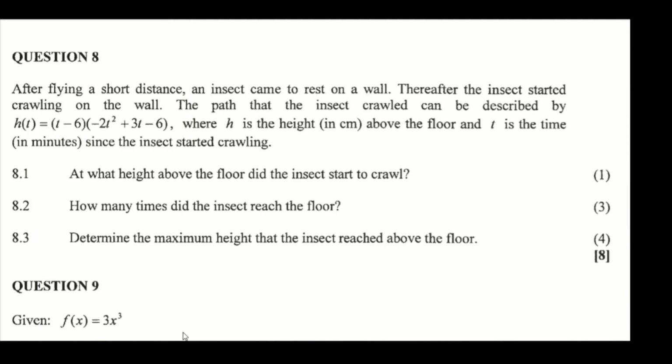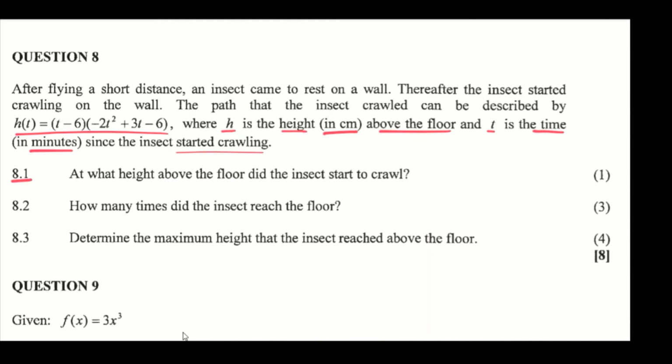Thereafter, the insect started crawling on the wall. The path that the insect crawled can be described by this equation, where h is measured in centimeters. It's the height above the floor, and t is time, which is measured in minutes since the insect started crawling.